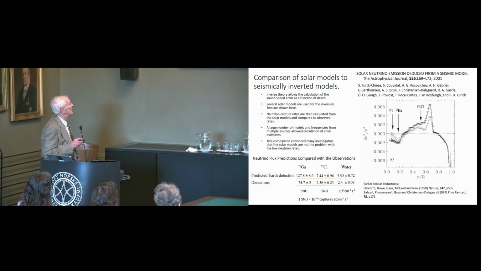And so we were able to do some error analysis for the various experiments which were going on. So the predictions for the chlorine experiment that John Bahcall, who was my mentor at this time, was doing with Ray Davis, had this tank of perchloroethylene that was being measured for the impact of solar neutrinos, and we came up with this.